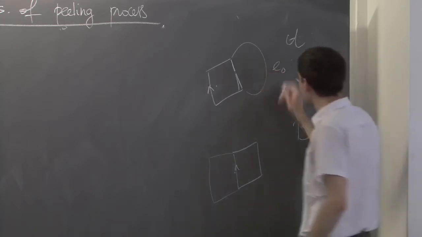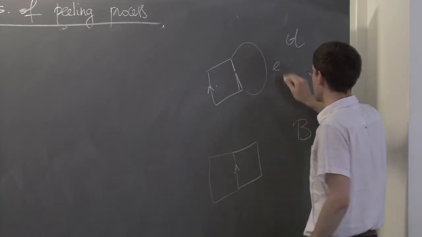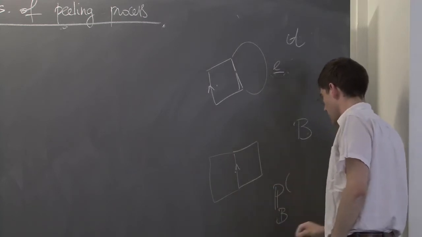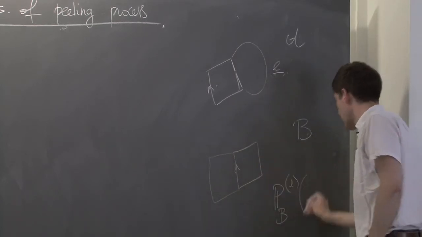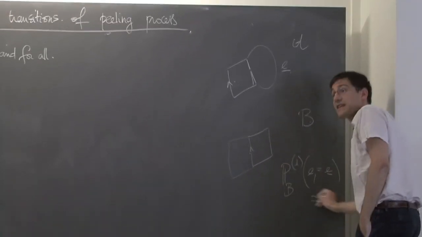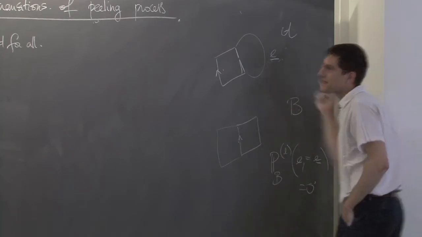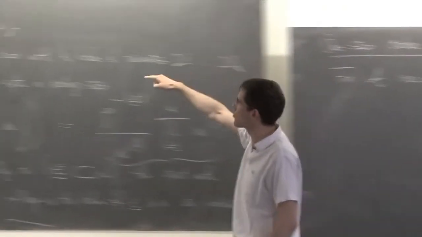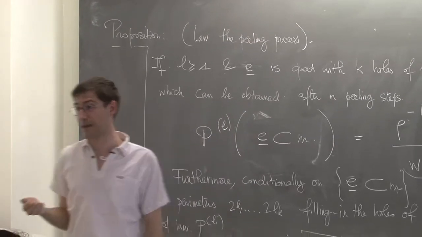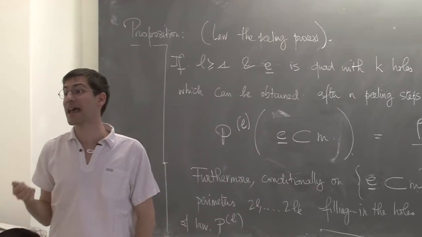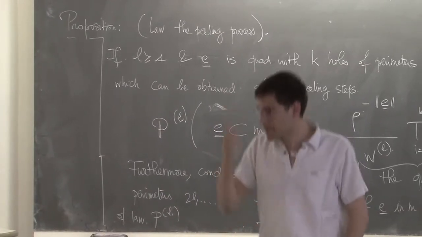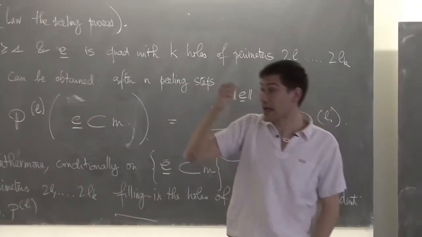Now I claim that with algorithm B, the probability of seeing E1 being E is 0. That's my point, and that's why I totally restricted to E which are possible outcomes of my peeling process. And I claim that if E is a possible outcome, you will see it for sure, and it's a submap.